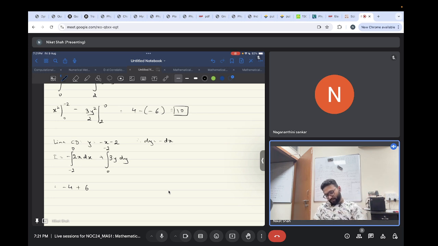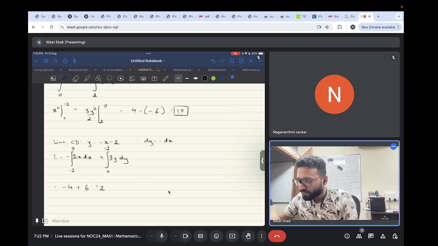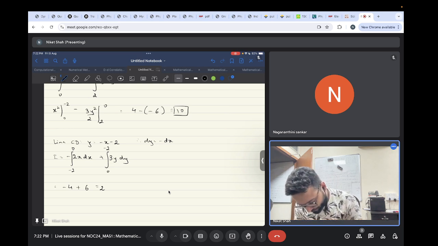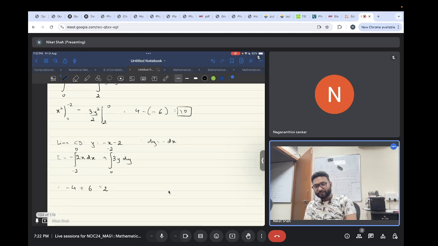Minus 4 plus 6 is equal to 2. So the third line gives the answer 2, and I'll just check it once. X squared 0 minus 2 gives me minus 4, because minus 2 is at the lower limit.